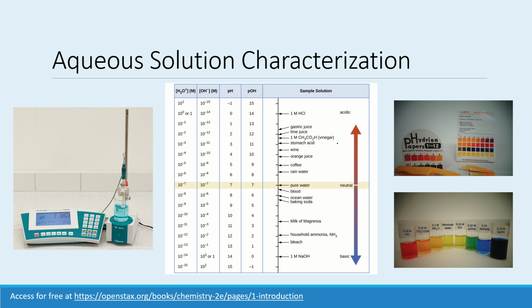Vinegar is a popular acidic home product, right? Many of us have done that vinegar baking soda reaction before, and it can be very useful when you're cleaning. Stomach acid and coffee, all of these things are considered acidic. And then most of your bases are going to be your household cleaning products like bleach or ammonia. Milk of magnesia is another popular one.